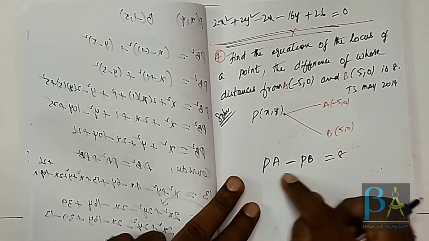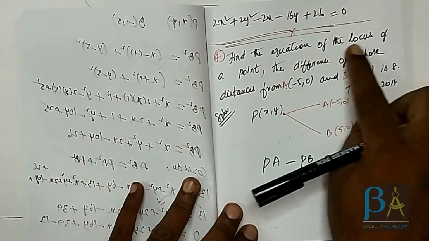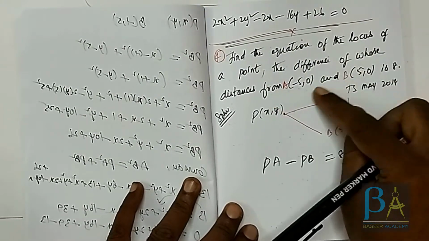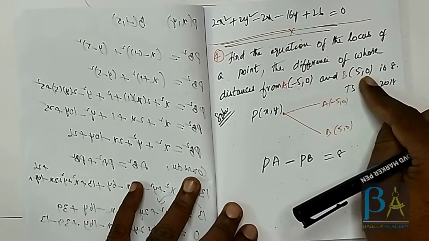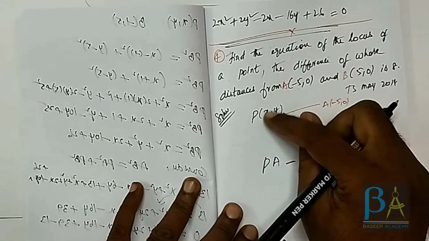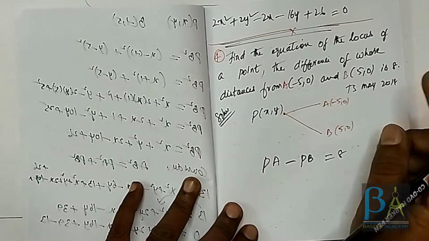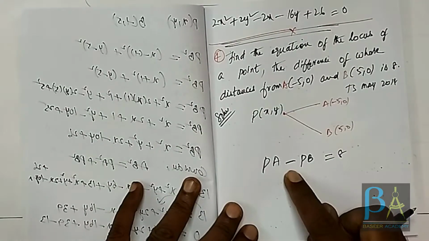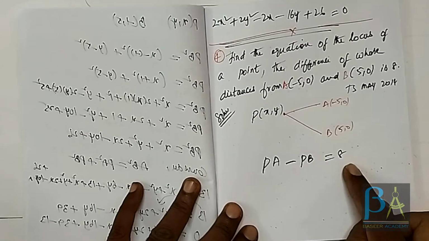So this is the condition that I end up getting. Find the equation of the locus of a point, the difference of whose distances from these 2 points. The distance of the point P from A is PA, the distance of the point P from B is PB. The difference of those 2 distances is going to be 8. That is what it says here.